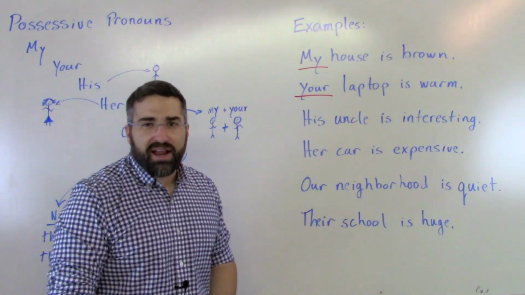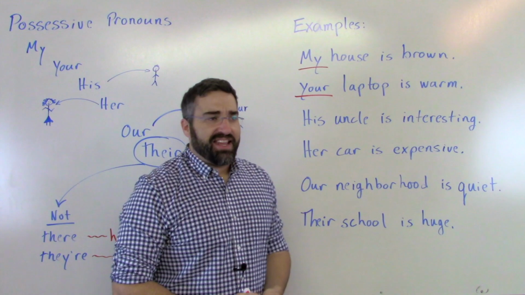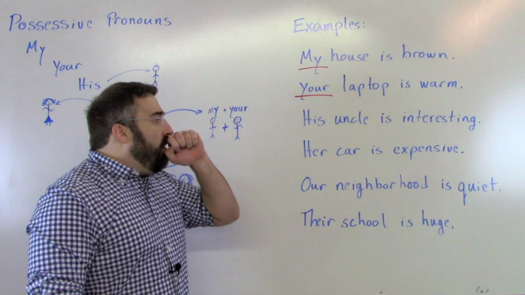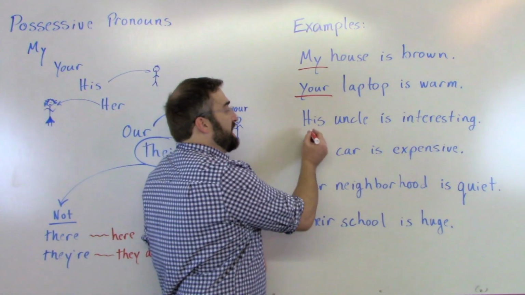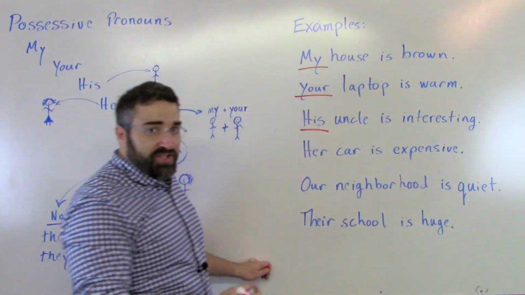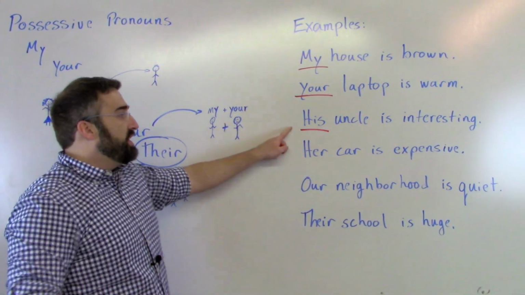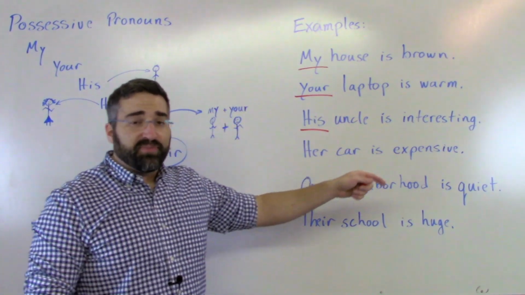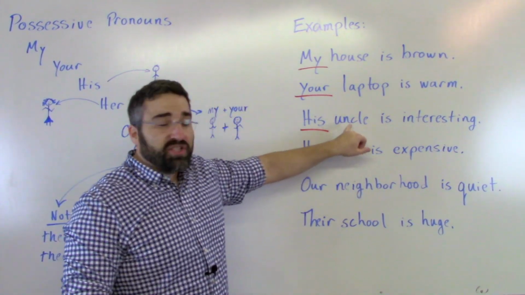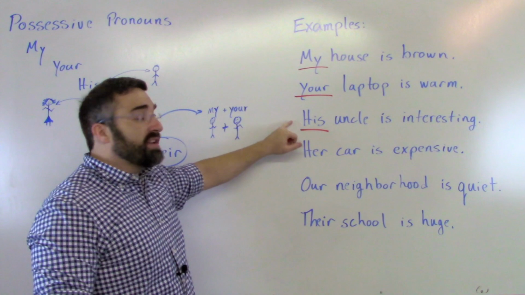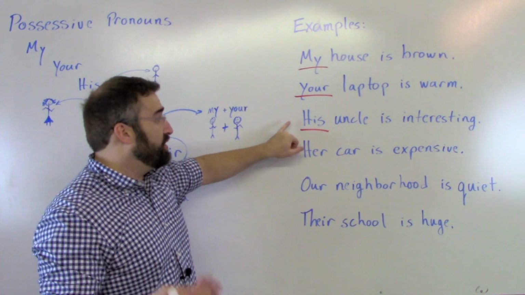He's a smart man. We like to talk to this guy. He's interesting. So we're talking about his. Some boy or young man has an uncle. It's his uncle. Even though we're talking about the uncle, we're still talking about a possessive of the uncle.